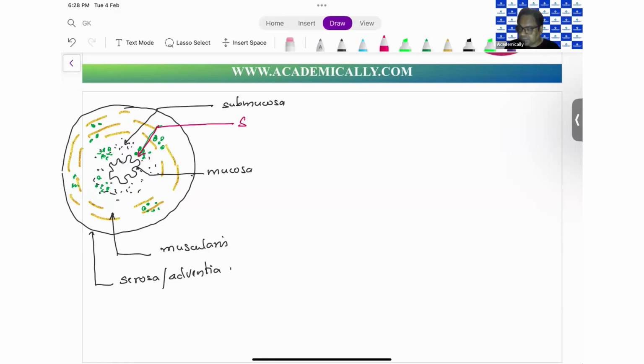So this is the submucosal plexus, which is also called Meissner's plexus. And it is responsible for secretion of glands.